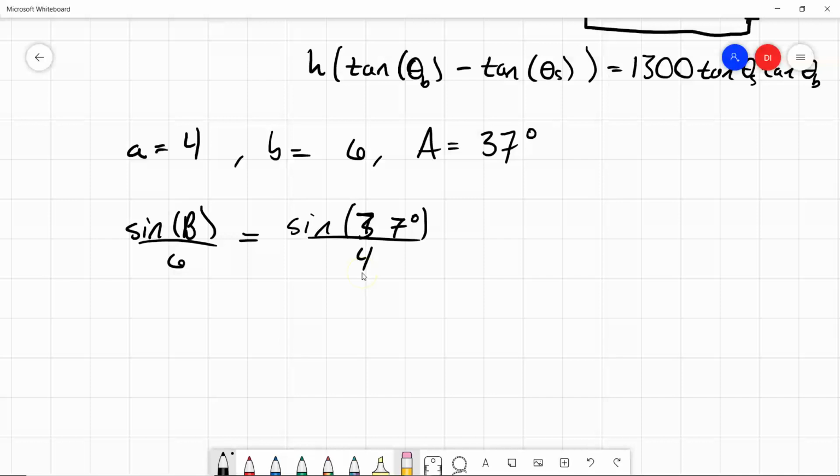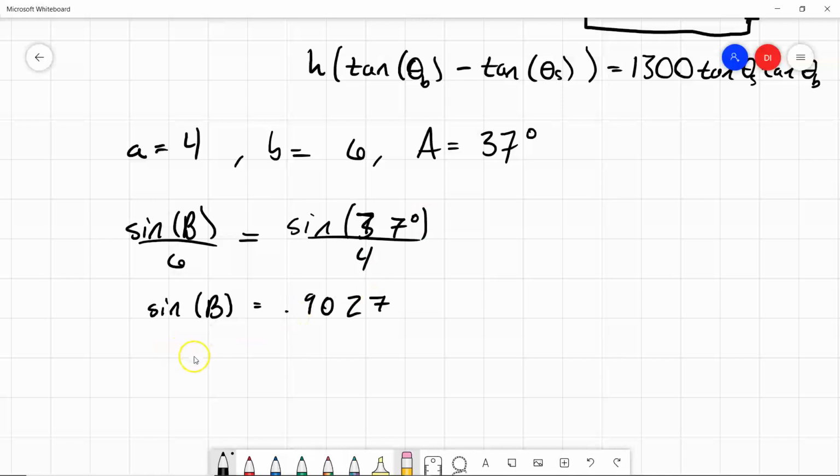So 6 sine 37 divided by 4. This is 0.902. So sine B is somewhere between 0 and 1, which meets the conditions of having either one or two solutions. When it's between 0 and 1, it always has one solution, and the way we find that is just by doing the inverse sine of whatever sine B is.